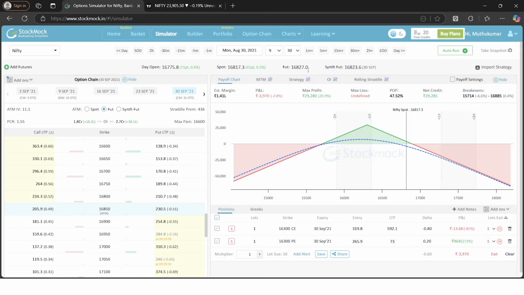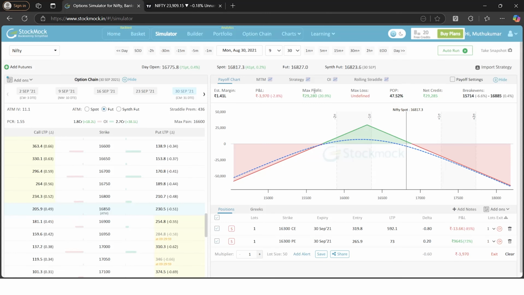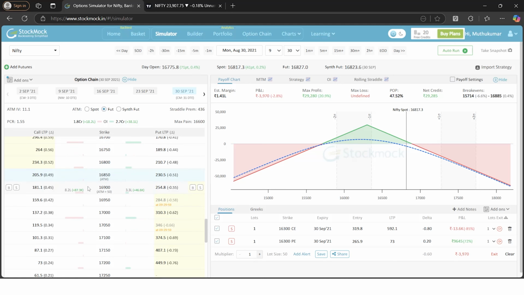The future value came up to 827. As you can see, previously we had 16,785 as our adjustment price. Because of the gap up here, we skipped the adjustment price, so we have to do the adjustment now. Now the break even is about to be breached on the upside, so we have to do a synthetic future long.